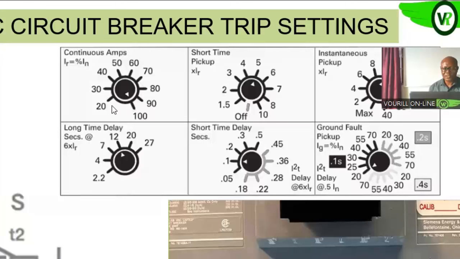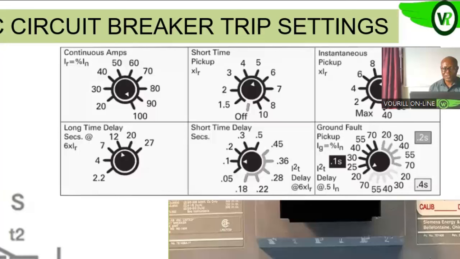So let us assume that we want to use our breaker as a 500 amps breaker, which means we will select 50% of the breaker rating.